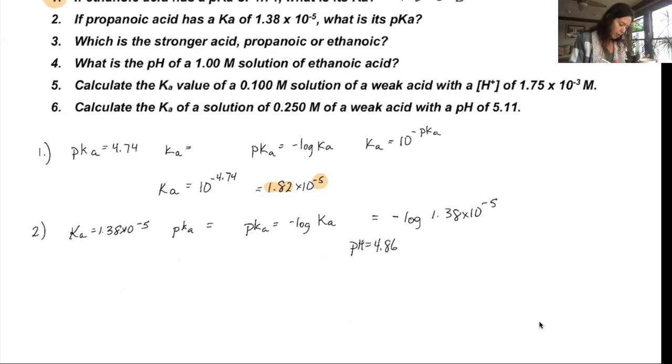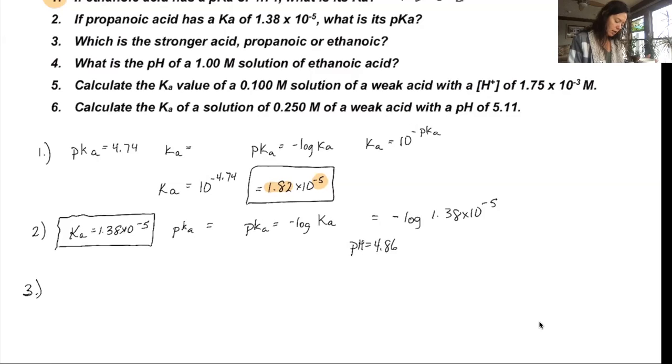Okay, 3. The old days when we used paper. Now it'll all be in here, right? Okay, 3. Which is the stronger acid, propanoic or ethanoic? Well, propanoic has a Ka to the negative 5th, and ethanoic has a Ka to the negative 5th.